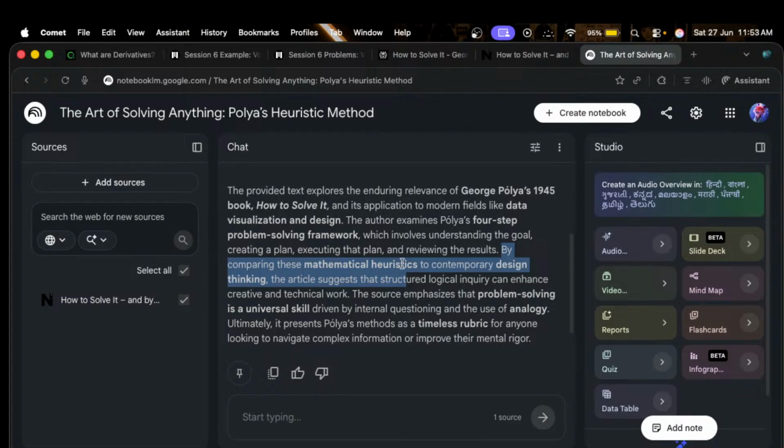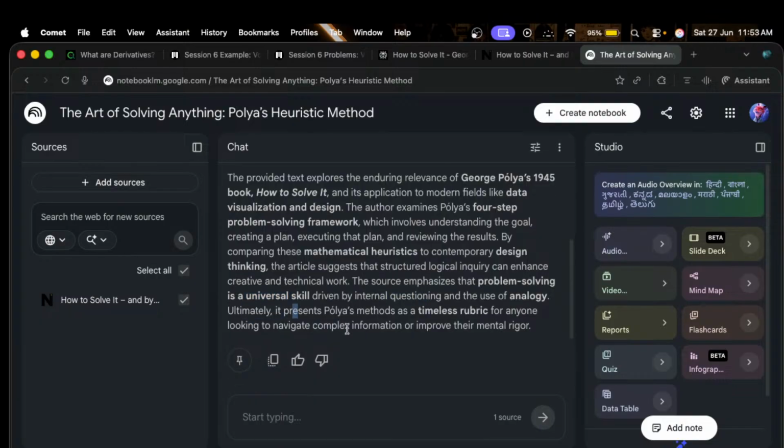The article suggests that structured logical inquiry can enhance creativity and technical work, and that problem solving is a universal skill. Through internal questioning and use of analogy, it ultimately presents Polya's method as a timeless rubric for anyone looking to navigate complex information or improve their mental rigor.